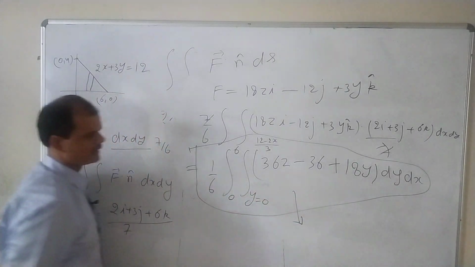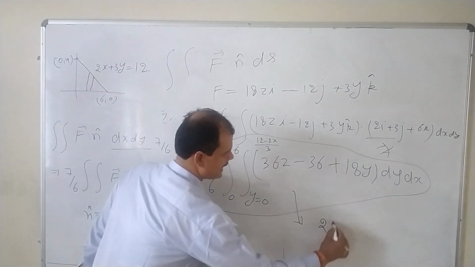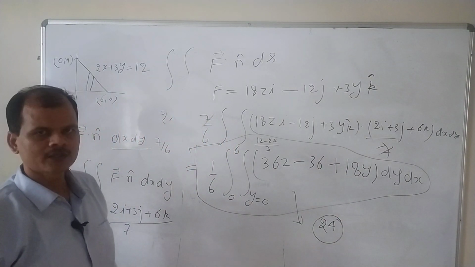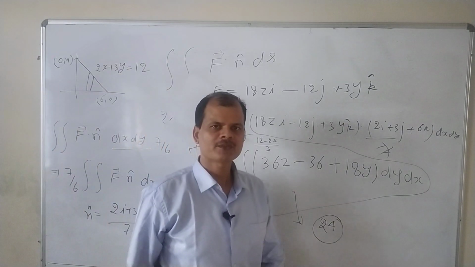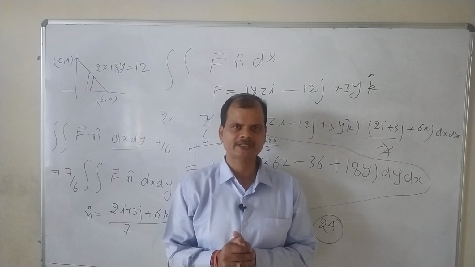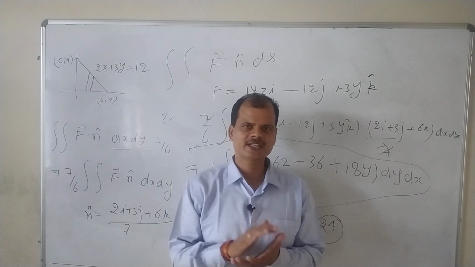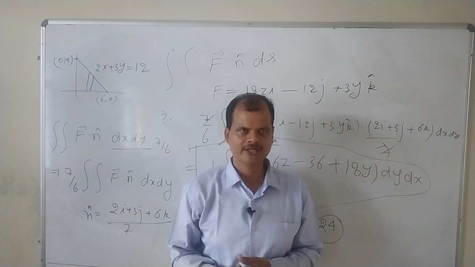So if you simplify and integrate one by one, your final answer will be 24. Please verify and let me know in the comment box, are you getting 24? So this was the concept of surface integral. What have we done? Very simple. We find the n cap unit normal vector, and for dS we take the projection on a plane, and dS changes into either dx dy, dz dx or dy dz.